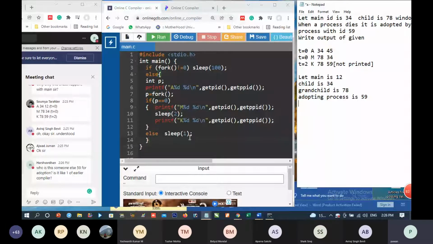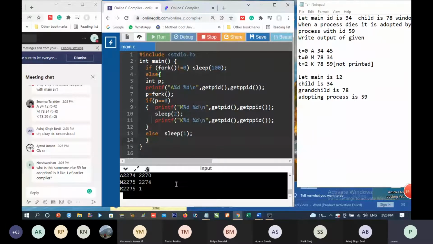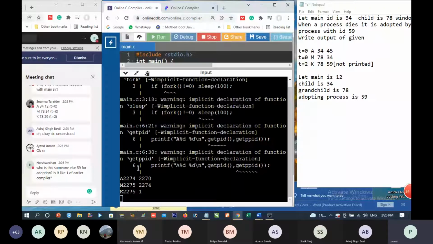No. This was only true with these hypothetical numbers. Once we execute it, you see 1 is coming. Harshvardhan, is it clear? Here also it is 1. I have written a hypothetical number 59.